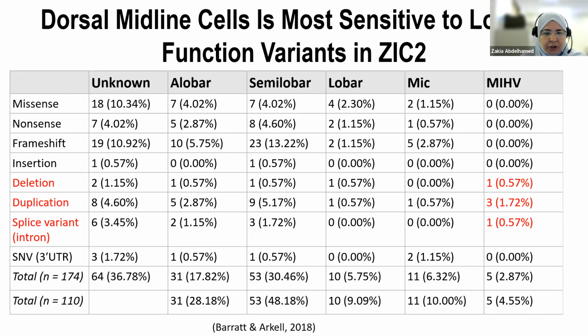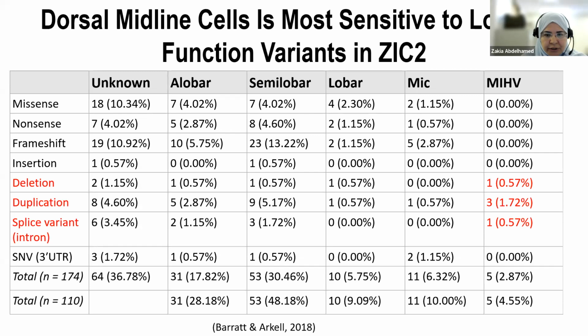Analysis of the human mutations indicated that the dorsal midline cells are more sensitive to loss of ZIC2, because milder mutations, such as deletions, duplications, in-frame deletions and duplications, and intronic variants, can cause the middle interhemispheric variant. It's a very mild form, but when it's a frameshift, you don't see any of the other subcategories of holoprosencephaly.